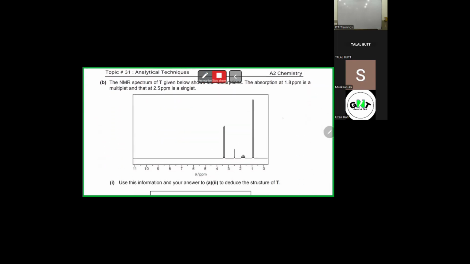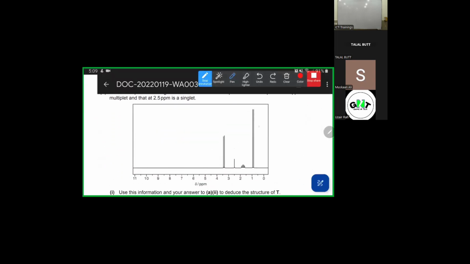Now we have to look up here, my dear students. We got the two duplets. One duplet is big, so the big duplet means that we got the same hydrogens in two different environments. The duplet is formed due to CH. On one side we got CH3, on the other side we got CH3. So these two hydrogens would form this duplet.